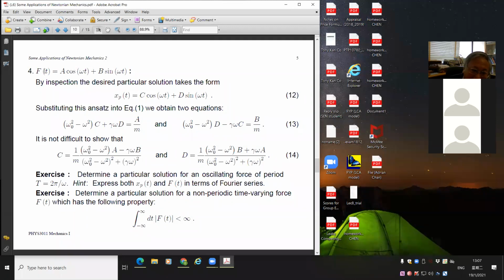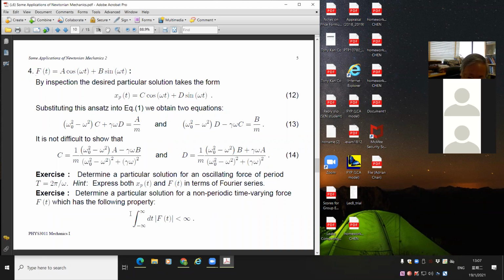However, once you know this solution, working out the solutions for Fourier series can be done by means of the principle of linear superposition. Okay, just like the polynomials case. So it's not difficult.